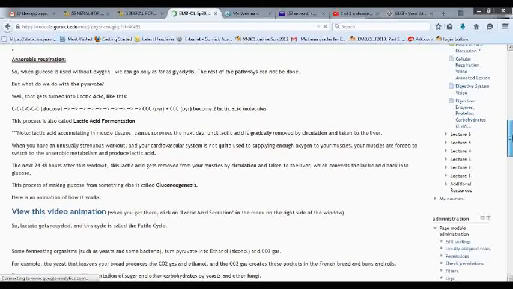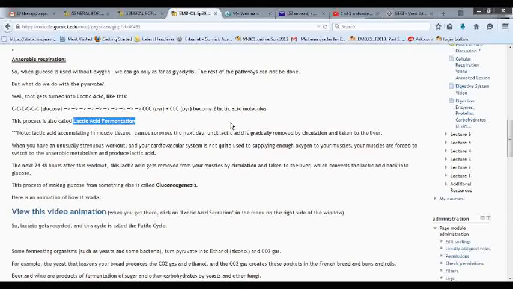That's called lactic acid fermentation. So you take a 6-carbon glucose molecule without oxygen. If you don't have oxygen in your cells or you're running low on oxygen, you're going to take the glucose, split it through glycolysis to make 2 pyruvate molecules, and then turn those 2 pyruvate molecules into 2 lactic acid molecules. That's called lactic acid fermentation.